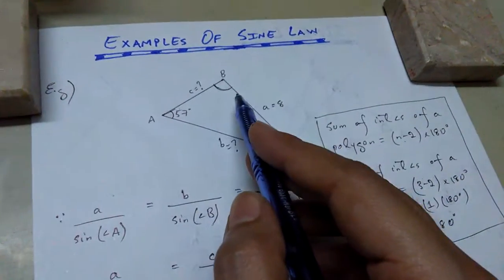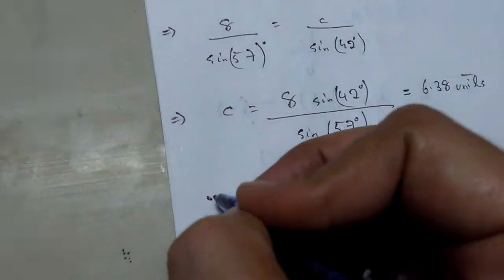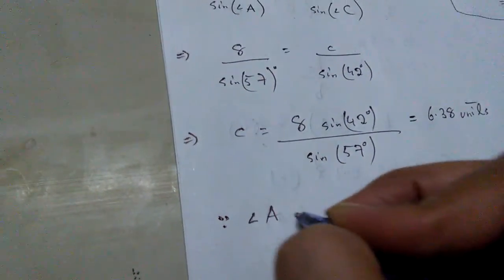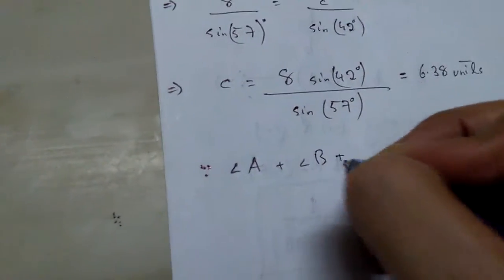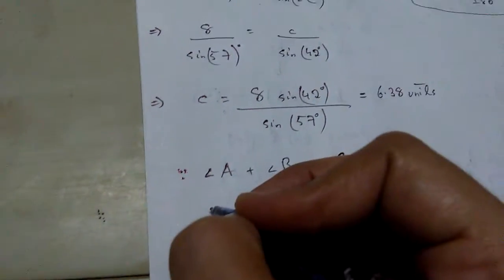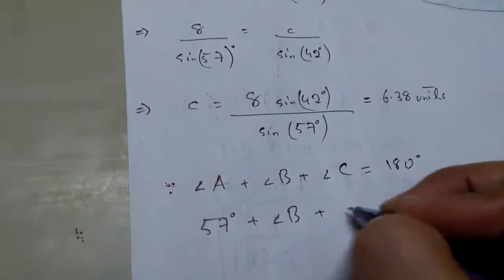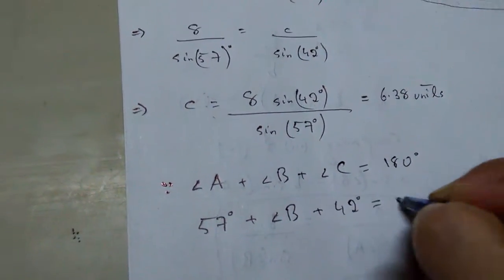Over here the two angles are given to us. Let us subtract them from 180 and we are going to get angle B. So angle A plus angle B plus angle C equals 180. Angle A is 57 degrees, we have to find angle B, and angle C is 42 degrees.